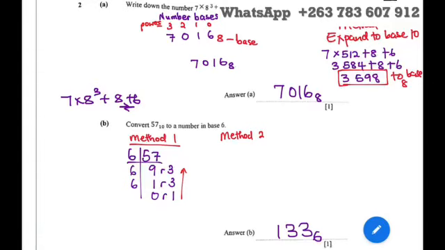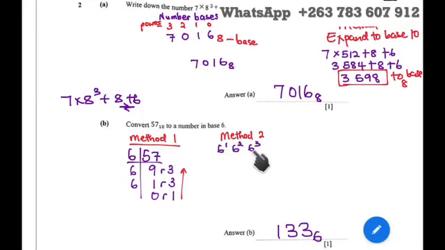Method 2, 57 base 10 to a number in base 6. You can group them by powers. We have 6 to the power 1, 6 to the power 2, 6 to the power 3.